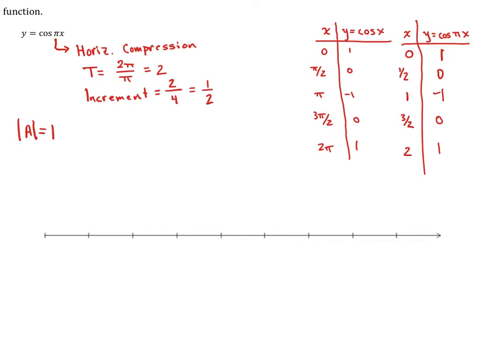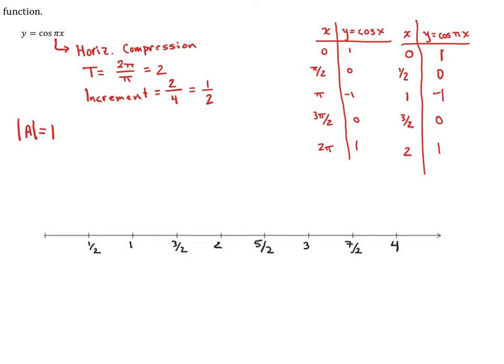So let's mark off our x-axis with our increment. 0, 1/2, 2 halves, 3 halves, 4 halves, 5 halves, 6 halves, 7 halves, 8 halves. Now we mark out where our y-axis is.